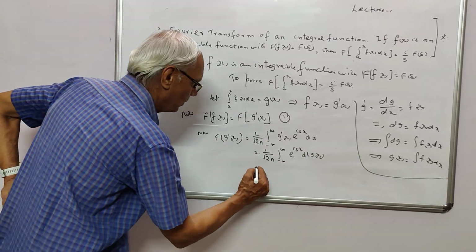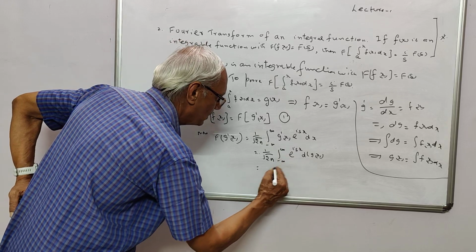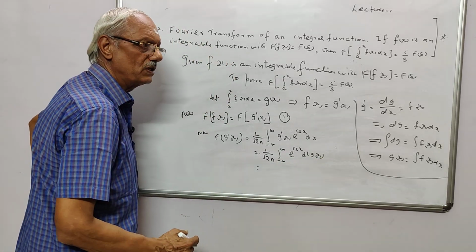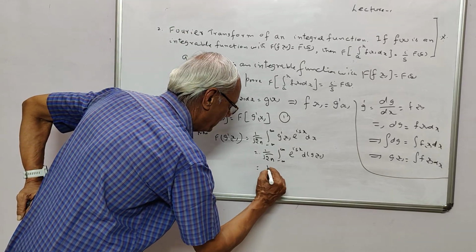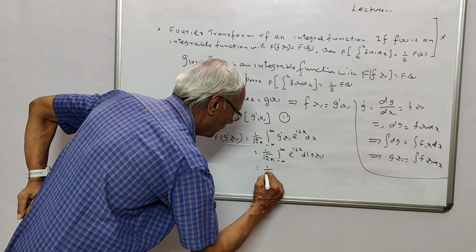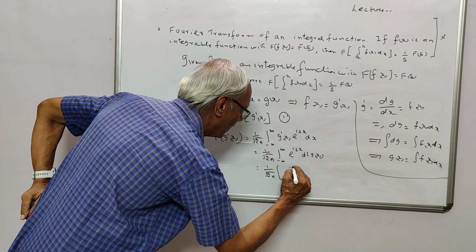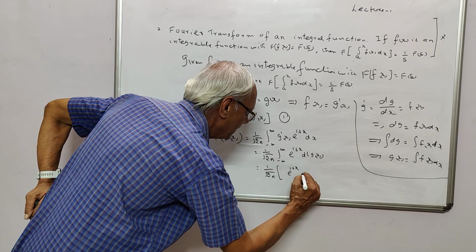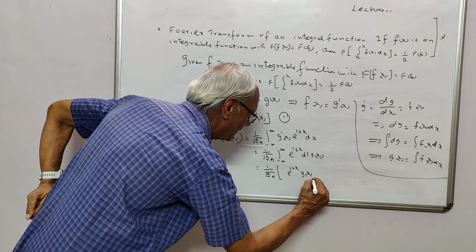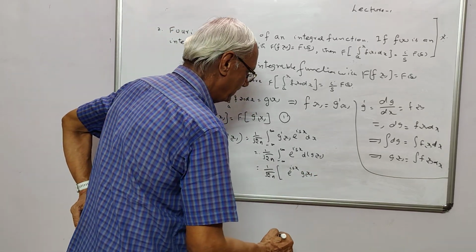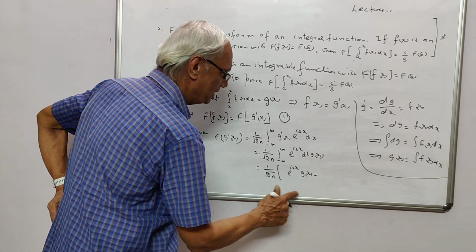So now you can use Bernoulli's method of integration, which is namely 1 by square root of 2 pi into e to the power of isx into g of x, minus, and now you have to differentiate this.